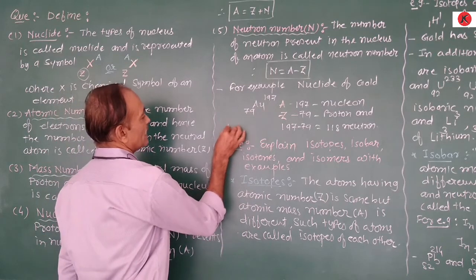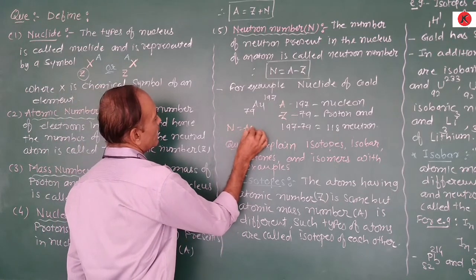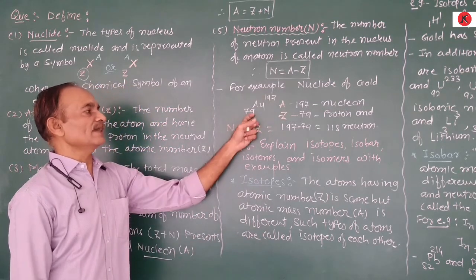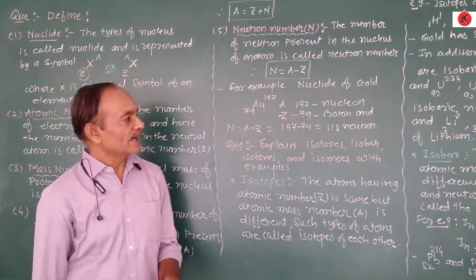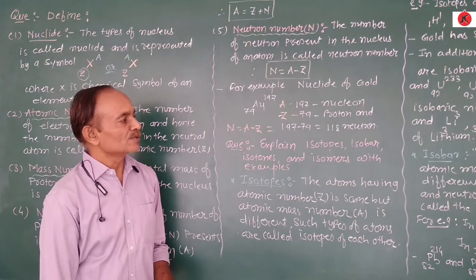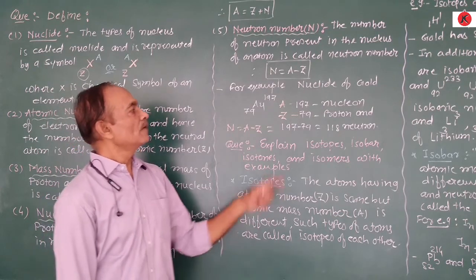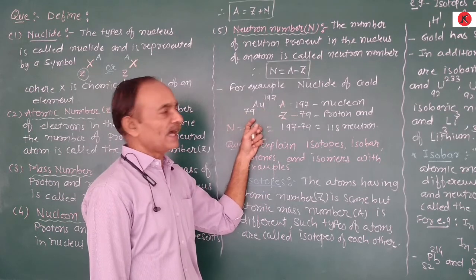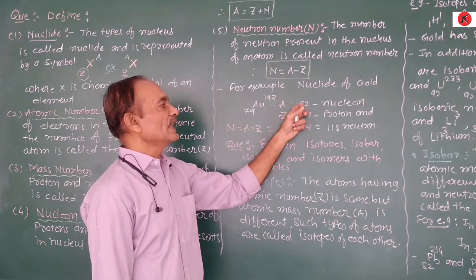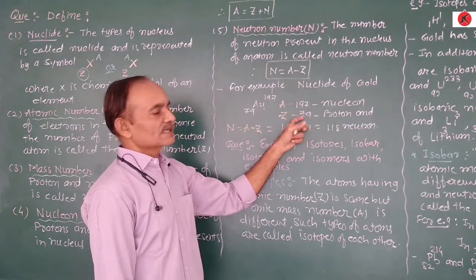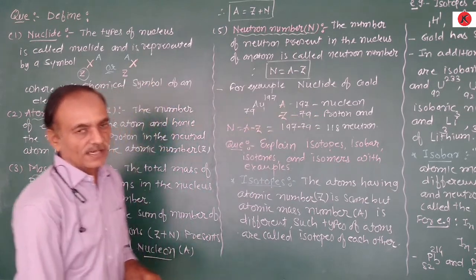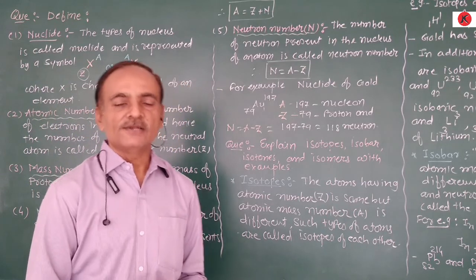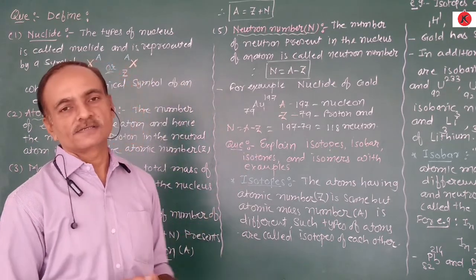That means N is equal to A minus Z, equal to 197 minus 79. Therefore, 118 neutrons. Therefore, in the nucleus of gold, 197 nucleons, 79 protons, and 118 neutrons are present.